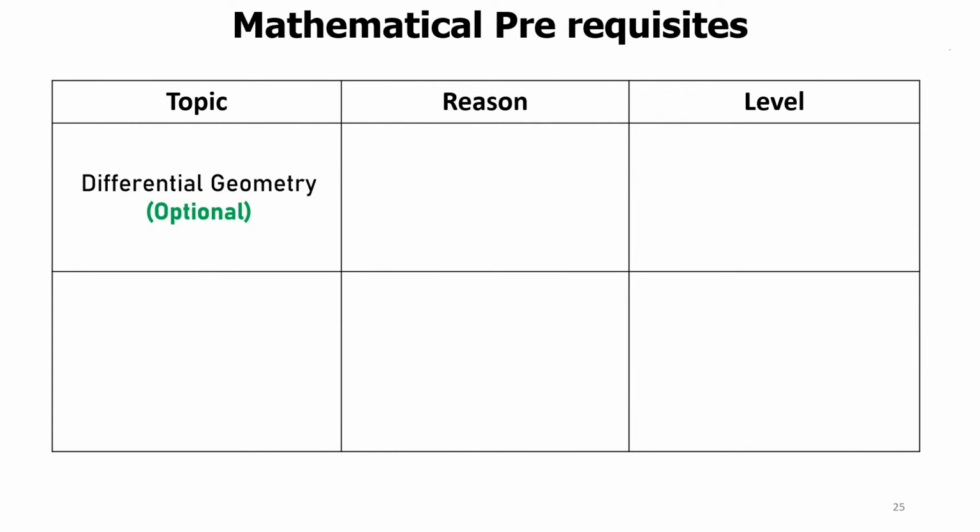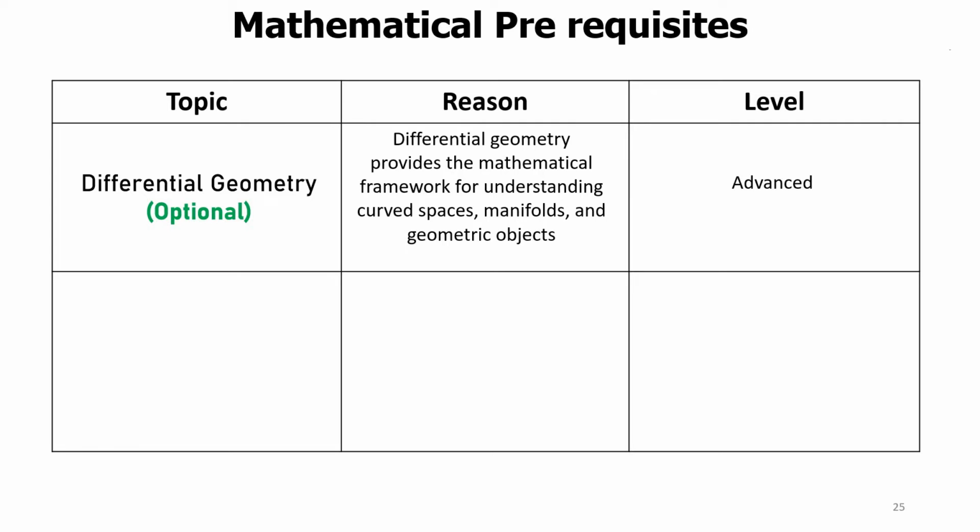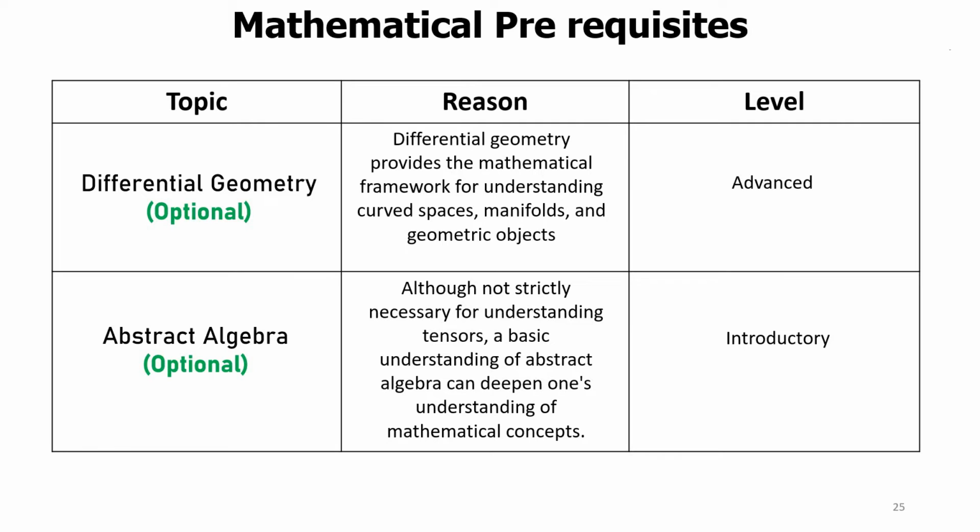And then comes what is called differential geometry. This is also optional, but most of the differential geometry books you will see will have a clear understanding of tensors, so it is something which you can skip. And finally abstract algebra, although some advanced features of tensors include abstract algebra, so that would be introductory and you can skip that part also.